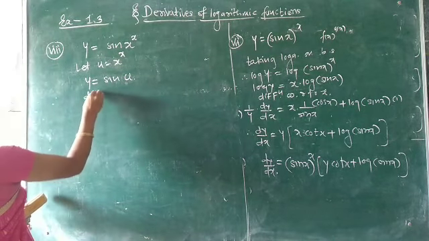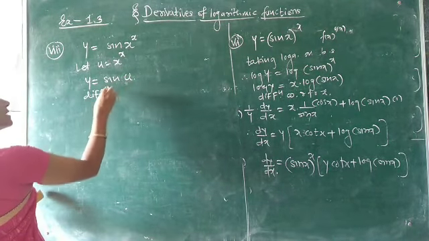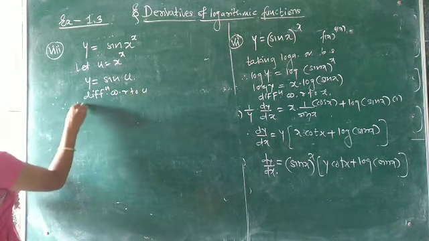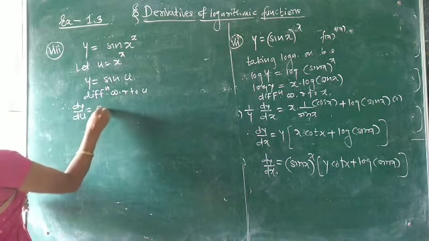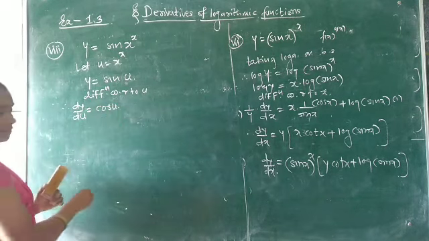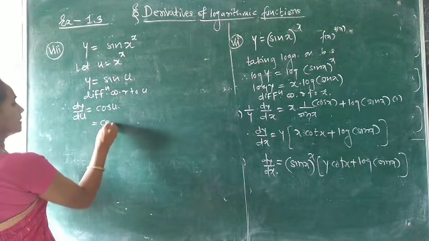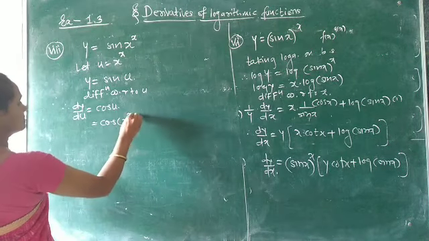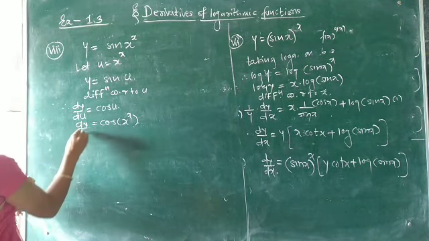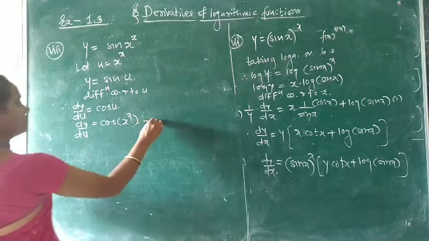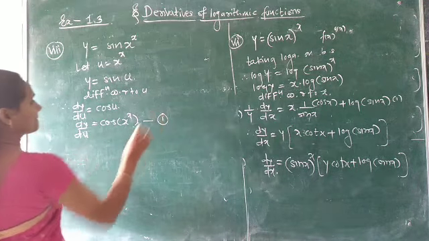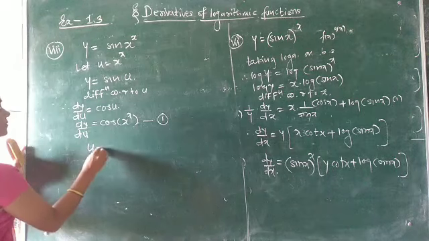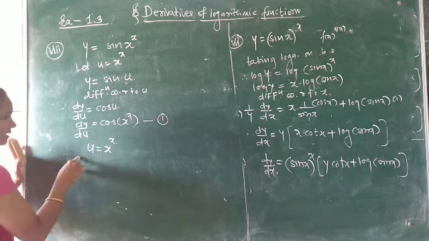Differentiate with respect to u because y is a function of u. Therefore, dy upon du is equal to cos u. And what is the value of u? That is cos of x raised to x. Say this is equation 1. Now find the derivative of u. Like u is equal to x raised to x.